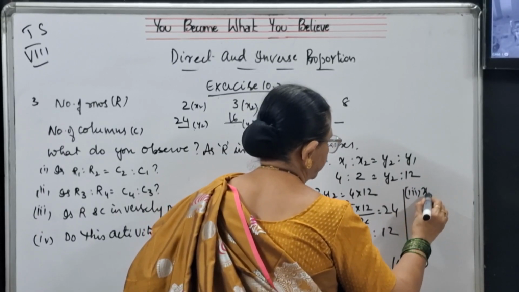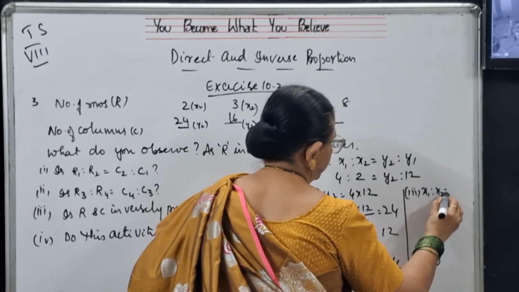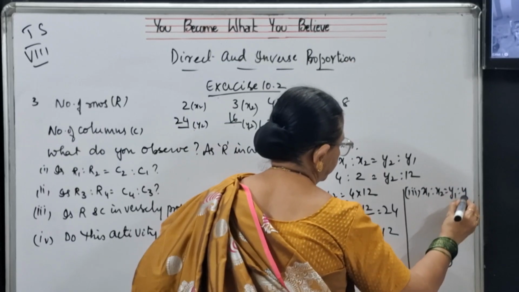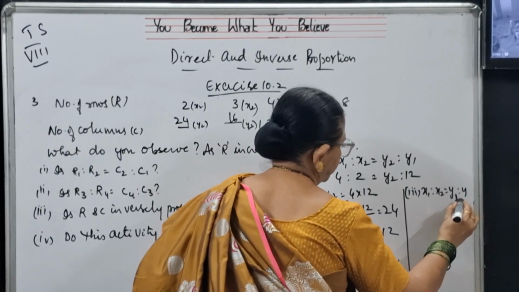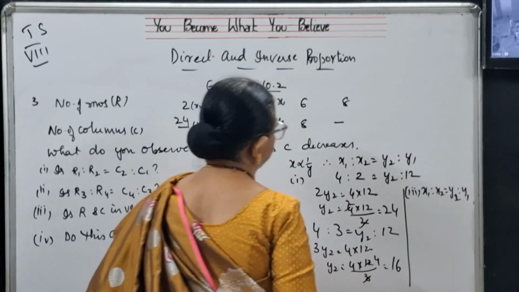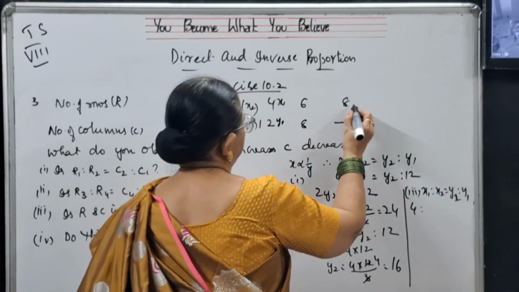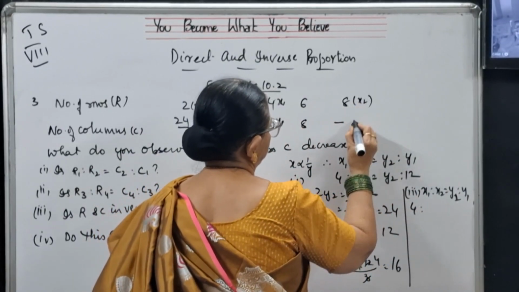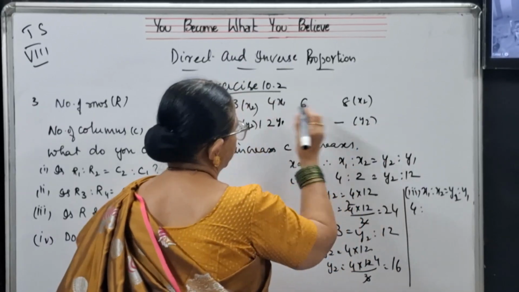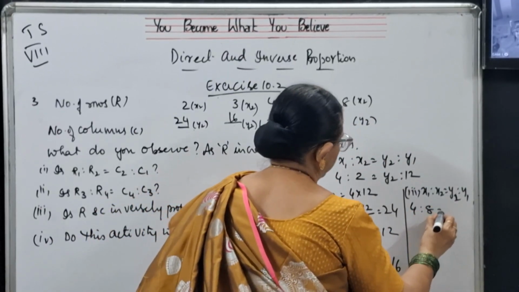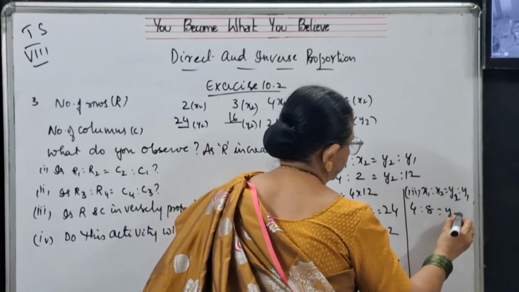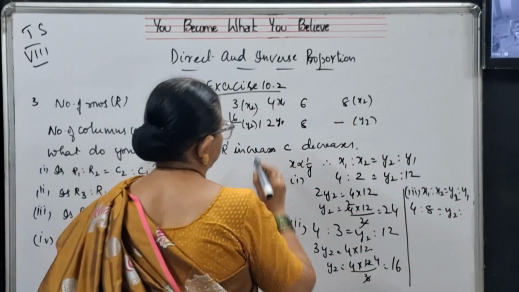Third bit again. x1 is to x2 is equal to y2 is to y1. So x1 is 4, is to x2, which is 8, is equal to y2 is to y1, which is 12.